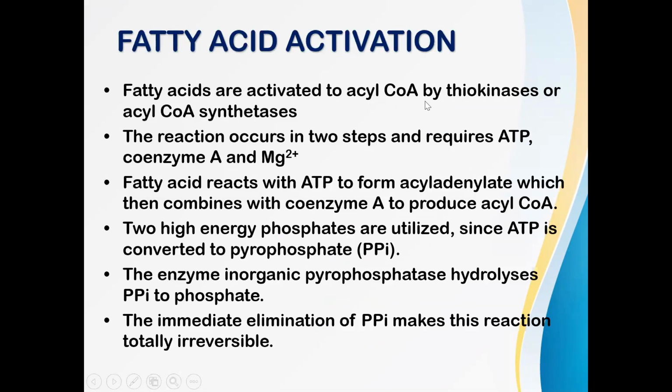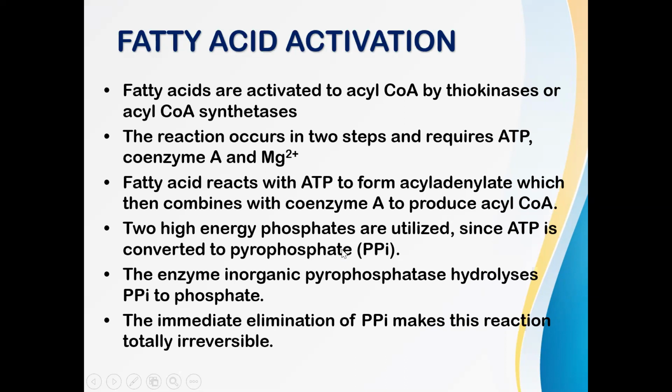So they are activated to acyl-CoA by thiokinase or acyl-CoA synthetase. This thiokinase is also referred to as acyl-CoA synthetase. It occurs in two steps and it requires ATP, coenzyme A, and magnesium. The fatty acid reacts with ATP to form acyl adenylate, which then combines with coenzyme A to produce acyl-CoA.